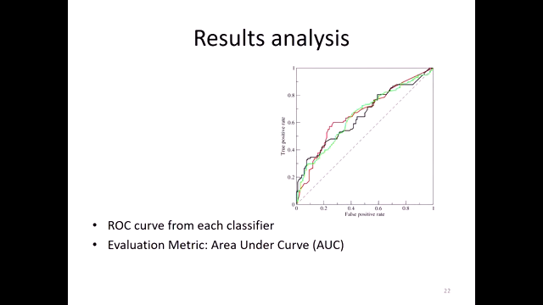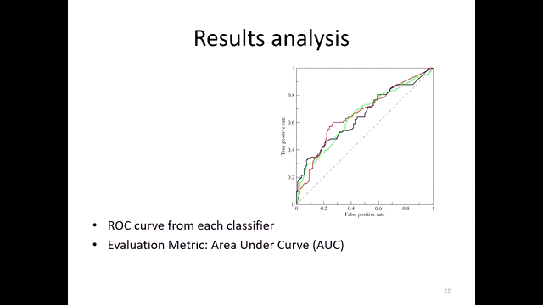Okay, and the results analysis. So basically, as we mentioned, with these ROC curves from the classifier. So there's a toy example of 3 classifiers on the colors. And we will basically take the area under these curves as our metric. I point out the dotted line, which is referred to as the coin flip line.